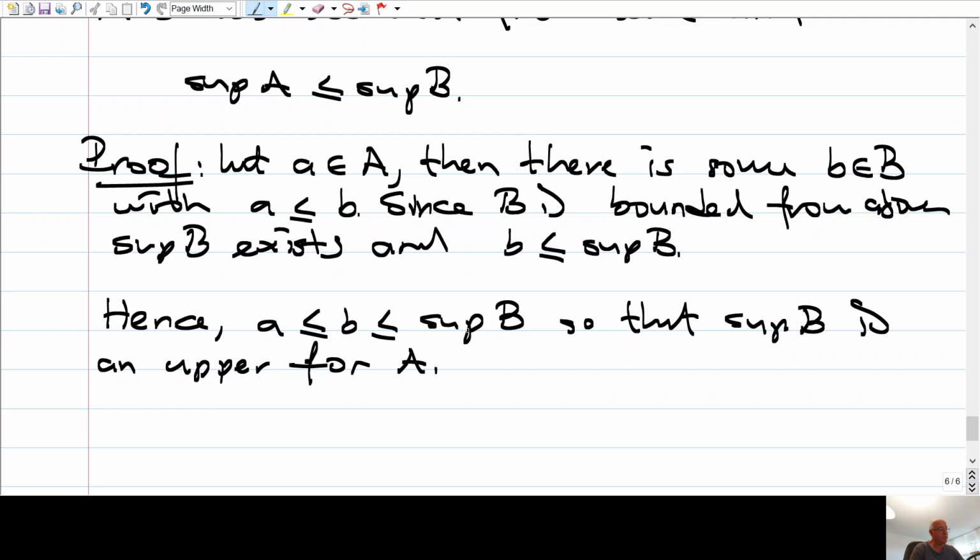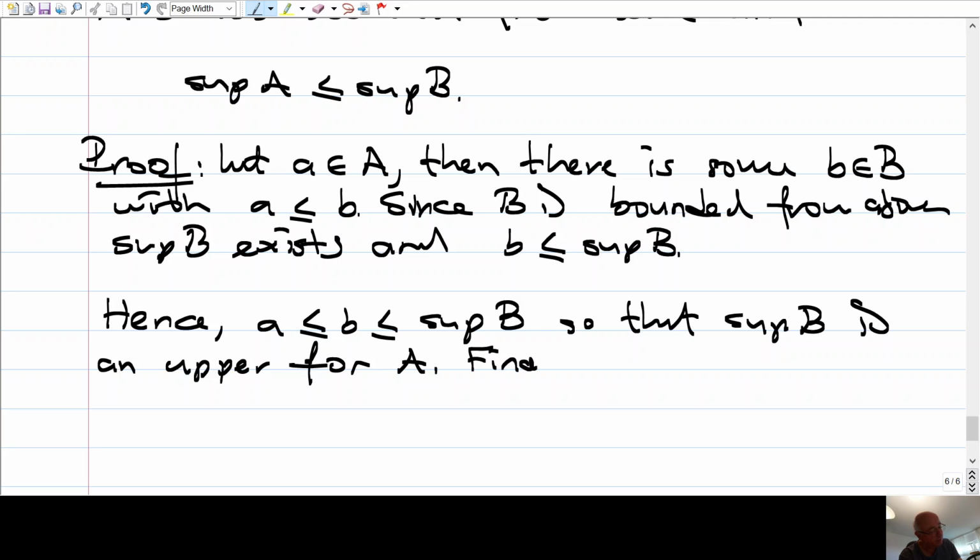This set A has an upper bound. Therefore, A is bounded from above, and therefore it has a supremum, and that supremum is, of course, less than or equal to any upper bound. In particular, it is less than or equal to the supremum of B.